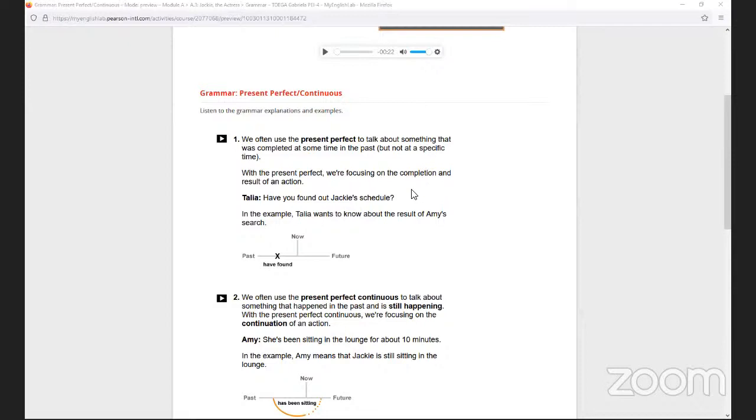For example, could you tell me the difference between simple past and present perfect? Simple past. Well, I can say that we don't use an auxiliary like have or has in simple past, it is all simple.